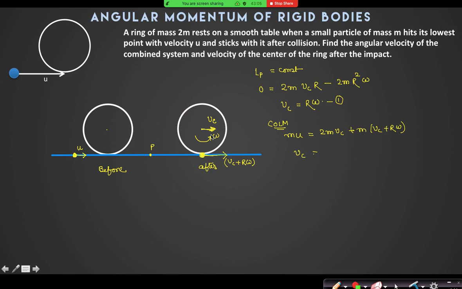So is Vc equal to u by 4? If the velocity of the center of the ring is u by 4, what is the angular velocity? u by 4r. I think these are the answers of this question. Check, this is not a tough question.